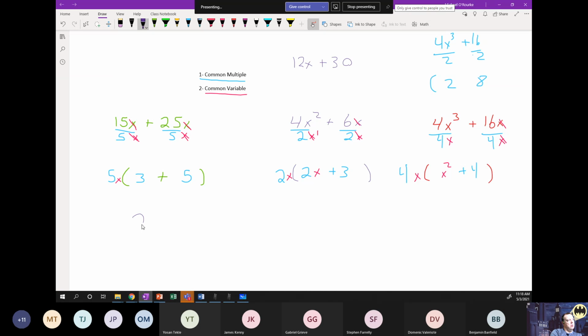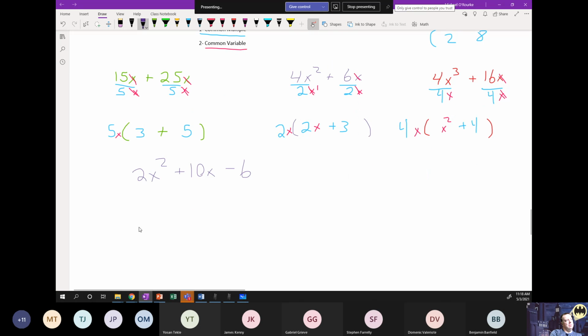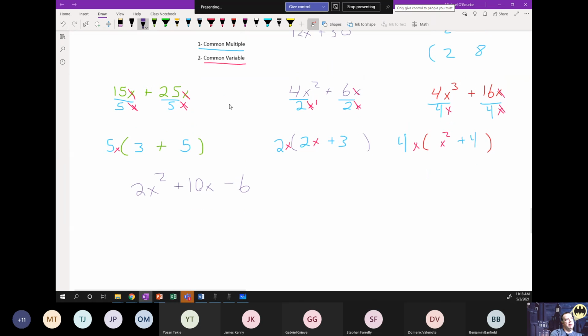Let's go with 2x squared plus 10x minus 6. Do you want me to give you some time to work on this one, or do you want me to go through with the answer right away?